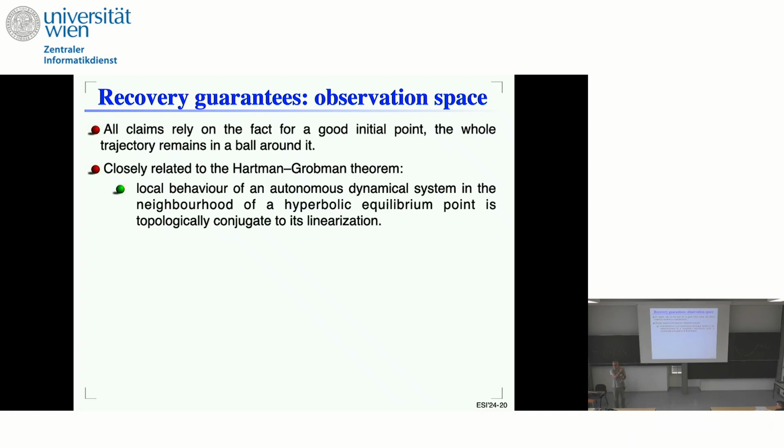And this is exactly what it tells you. The Jacobian has to be non-singular. This is exactly what you have here. And this tells you that basically the behavior of the dynamical system will be topologically conjugate to the linearization.